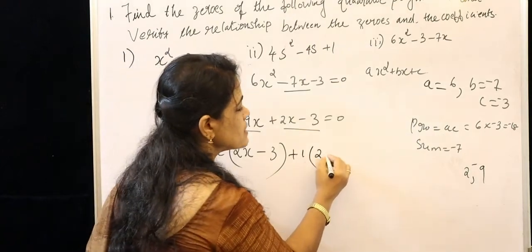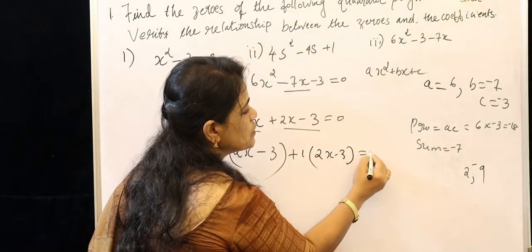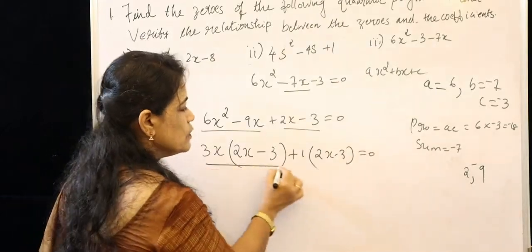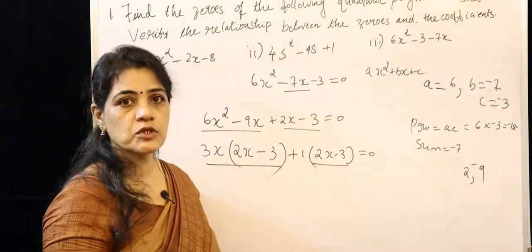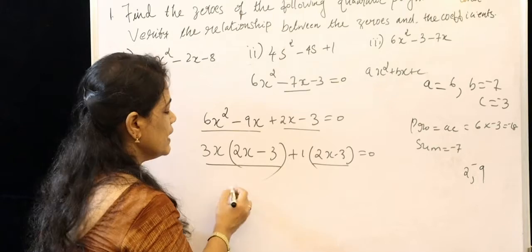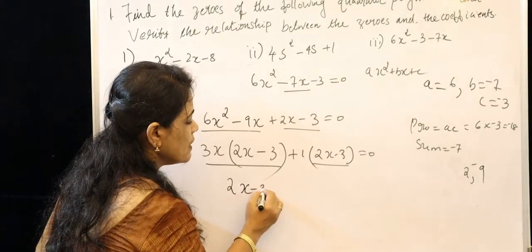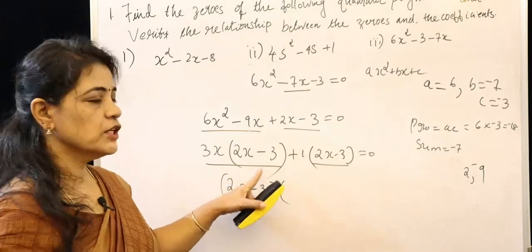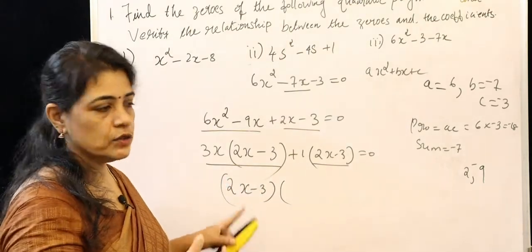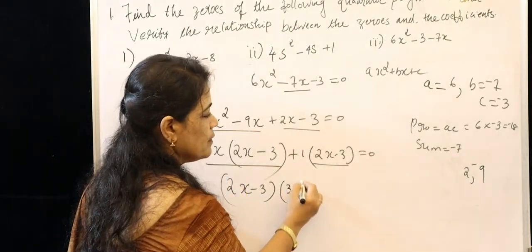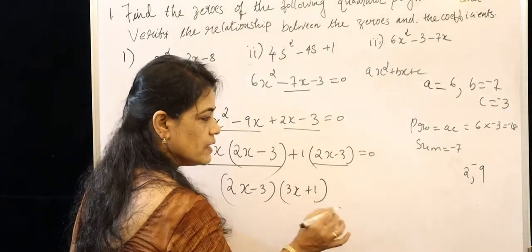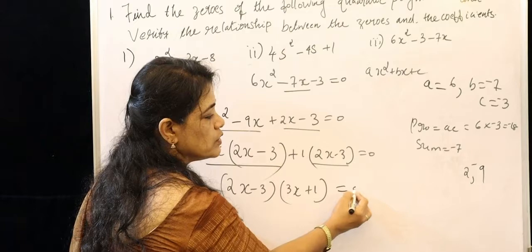And 2x minus 3 equated to 0. Now also you can see there are 2 terms. 2x minus 3 can be taken outside. 2x minus 3 into, after taking 2x minus 3, you divide, 3x remaining, and plus 1. The 3x minus 3 and 3x minus 3 get cancelled, equated to 0.